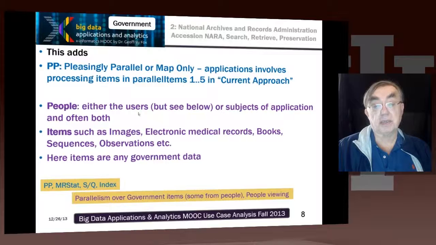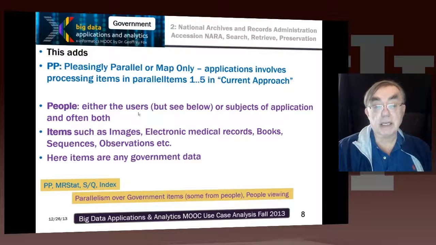It should just be 1 through 3 and 5 in the current approach. Item 4 was making the index, which is not pleasingly parallel. Some parts of it are, but the overall making of index has some global issues attached to it for obvious reasons. So it would not be called pleasingly parallel.